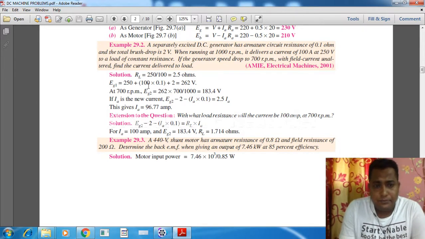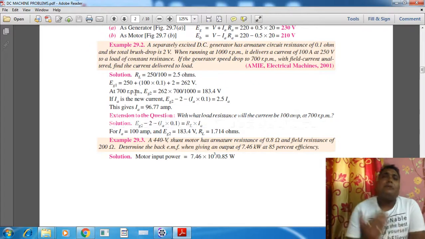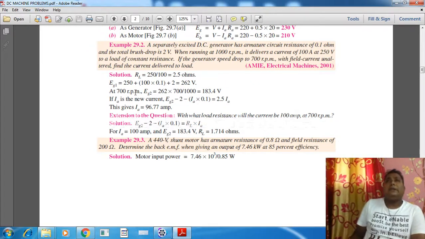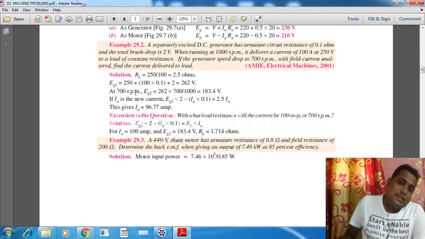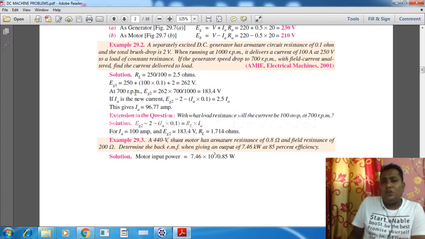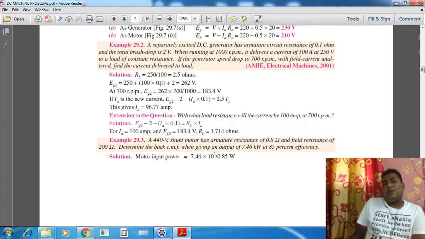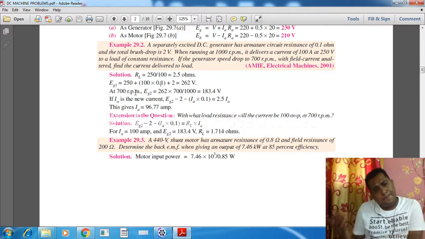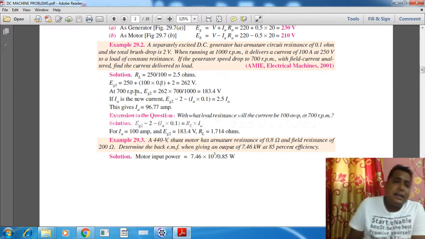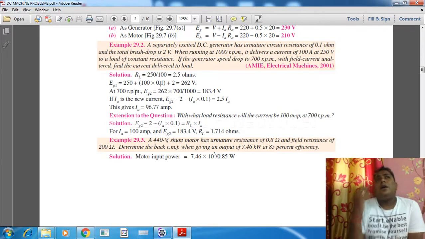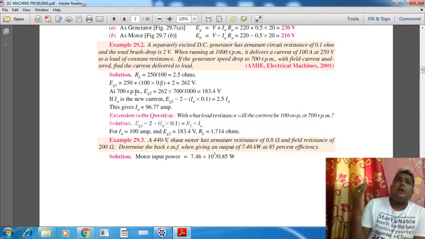Now we know from the EMF equation that E is equal to NPφZ by 60A. If the other remaining parts are constant, then we can say that E1 by E2 is equal to N1 by N2.